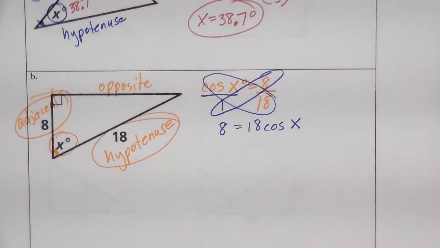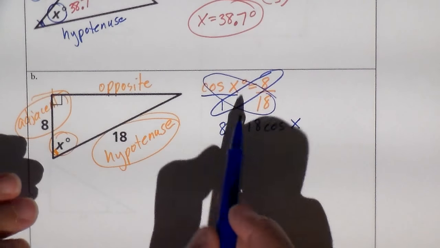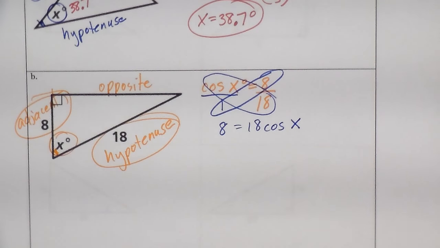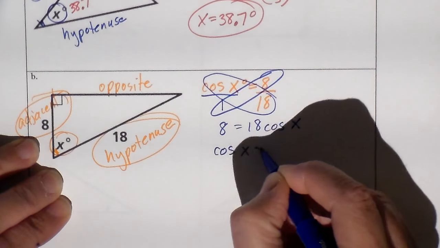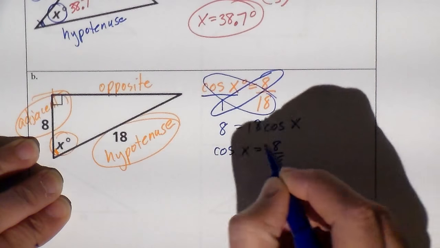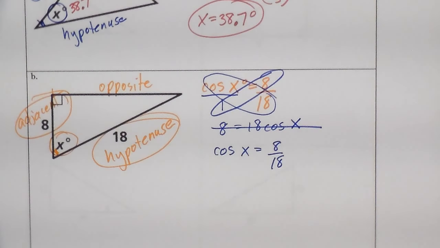Now that's the cross multiplying. I can divide both sides by 18, but what's going to happen? I'm going to end up in the same place I started, right? So what I'm actually going to do is inverse it. I'm going to go back to the original, 8 over 18, and inverse both sides. And that's what I wanted to show you.